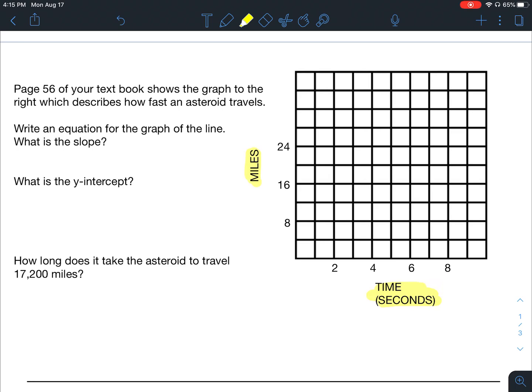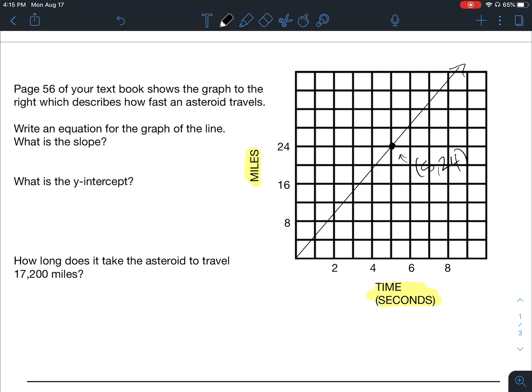And it gives you a point on that graph. And I believe the point that it gives you is at 5, 24. So let's make our point. And it says it's a linear function and it passes through 5, 24. So let's go ahead and draw that in there. And this right here, 5, 24. Sorry if you can't read that.